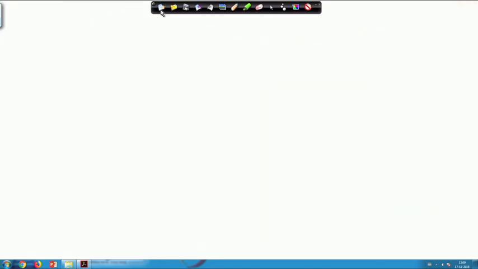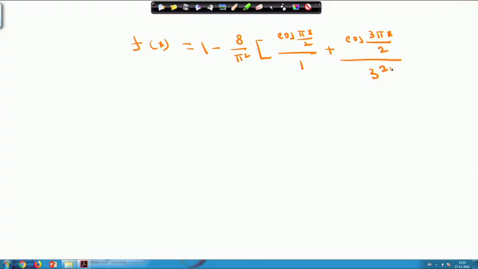So, that now I can write down the cosine Fourier series of f x in the interval 0 to 2 as 1 minus 8 by pi square into cos of pi x by 2 by 1 plus cos of 3 pi x by 2 into 3 square, and like this way it will go on.